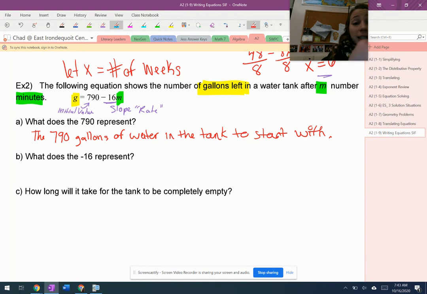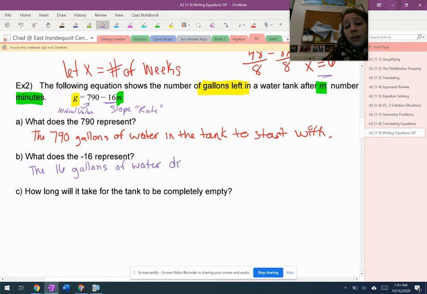So the negative 16 represents the 16 gallons of water draining from the tank.